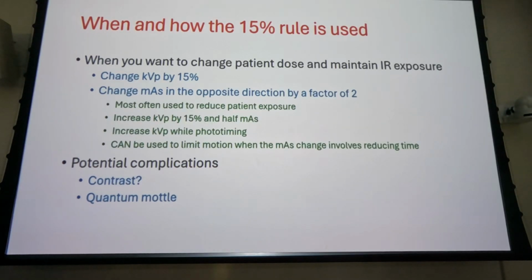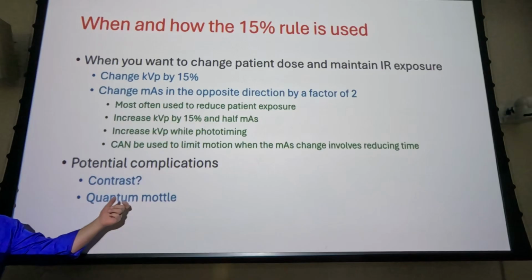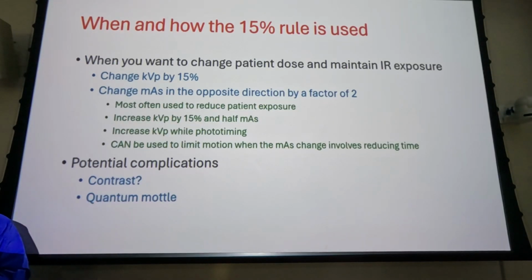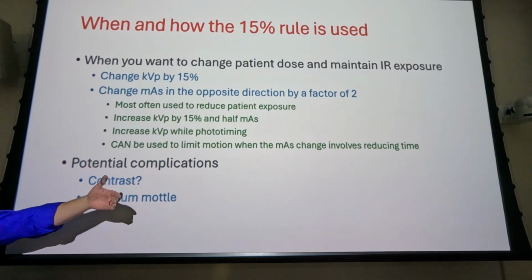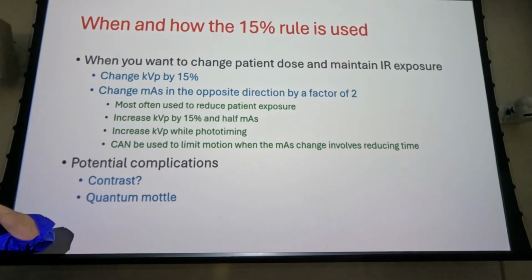Just know that it's not, and when you have the authority to change kVp instead of mass, change kVp. But there is one potential problem, and I really think this is even going the way of the dodo bird, and that is the higher the kVp that you use, the lower the mass you use.